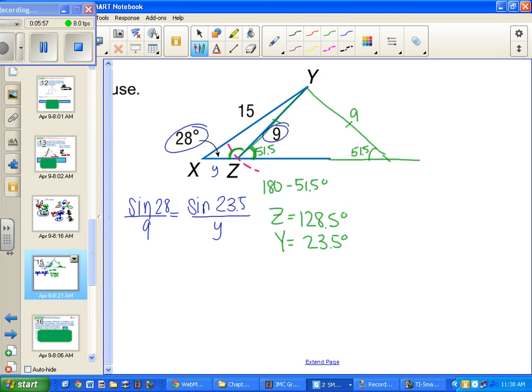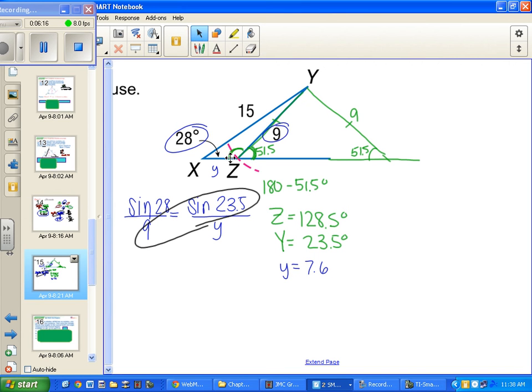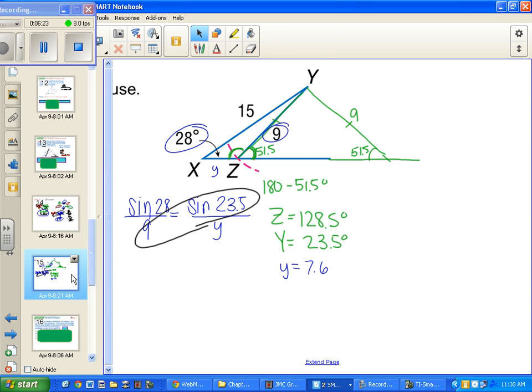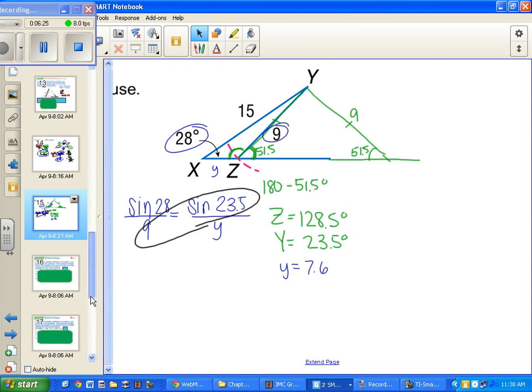Inverse finds the angle. So we'll multiply these two together. I'm just going to do it on my handheld calculator, so you should be doing the same. Multiply those two, divide by sine of 28, and you end up with lowercase y equals 7.664. So once you actually find the bigger triangle, the acute triangle, the obtuse angle one is pretty easy.